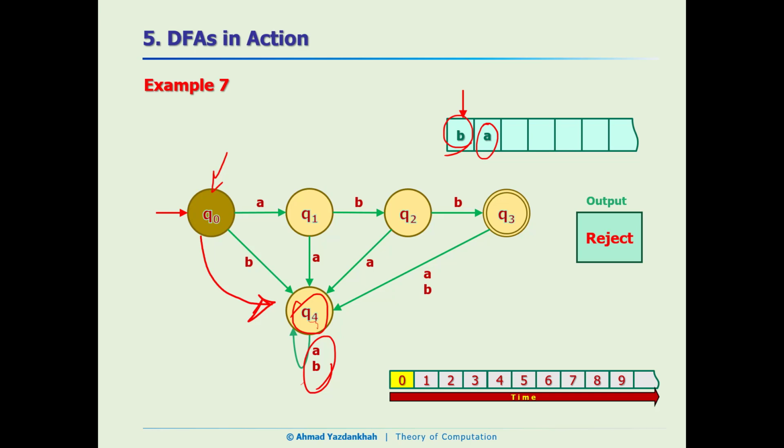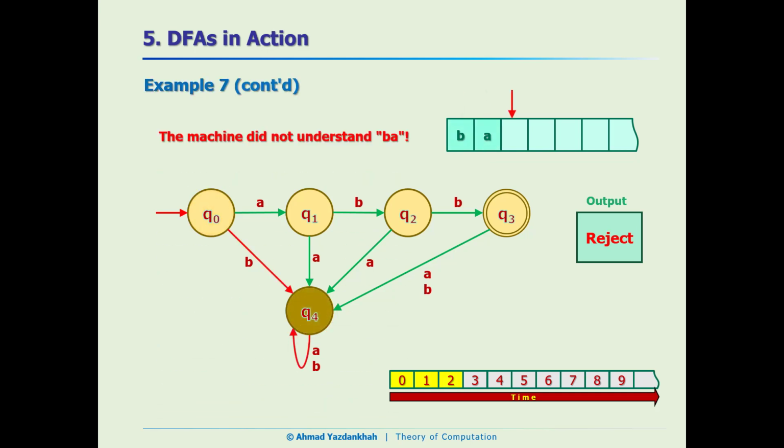So after reading the A, the machine loops here and stops here. So it means that the machine stops in Q4 again. What is the conclusion here? The machine rejected the BA. So BA was not understood.